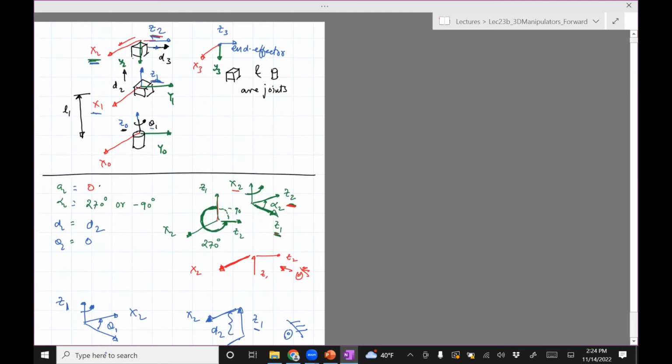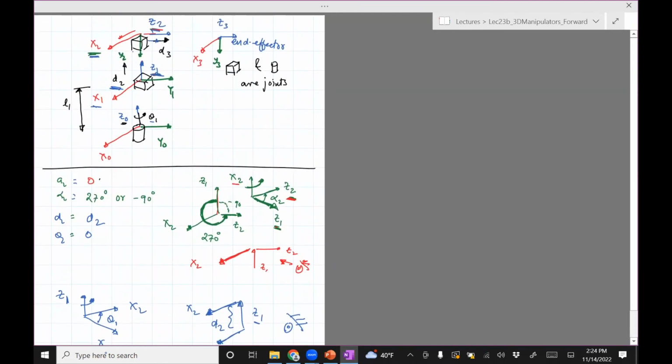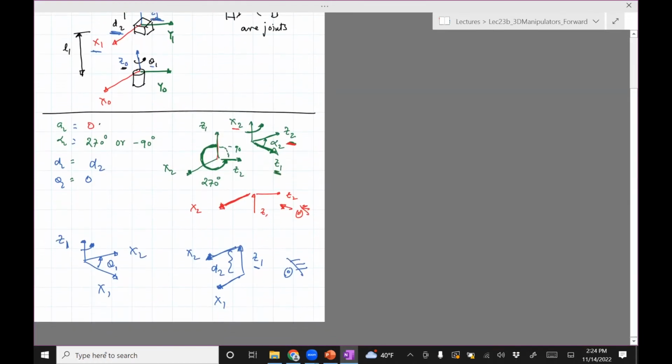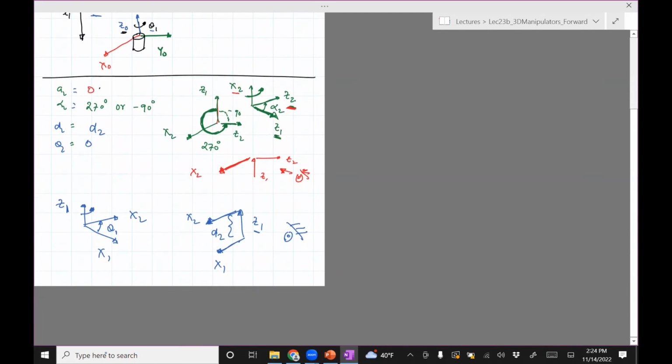It's a prismatic joint here. The distance will change. That's why it's written as D2, and you can put any value you want for D2. Okay, so that's the second line of the DH table.